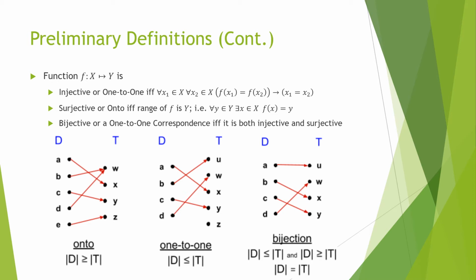Finally, we define bijective. A function is called a bijective function or a bijection, or a one-to-one correspondence, if and only if it is both injective and surjective.